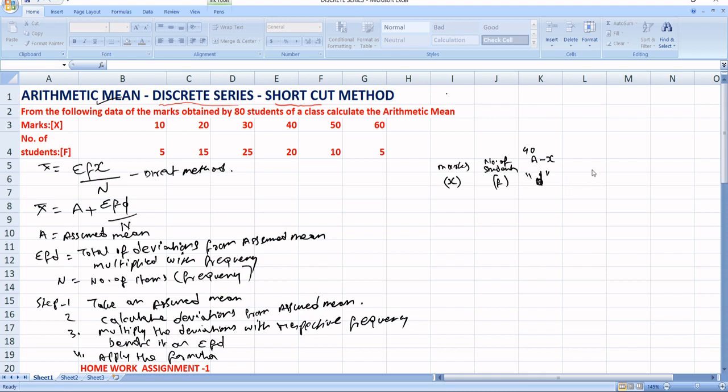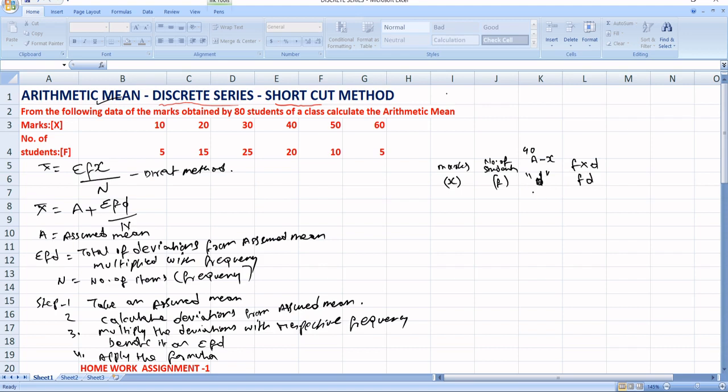Another column is for f into d, that is fd, frequency into deviations.